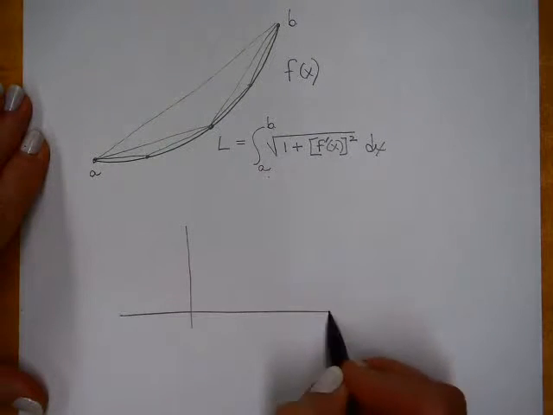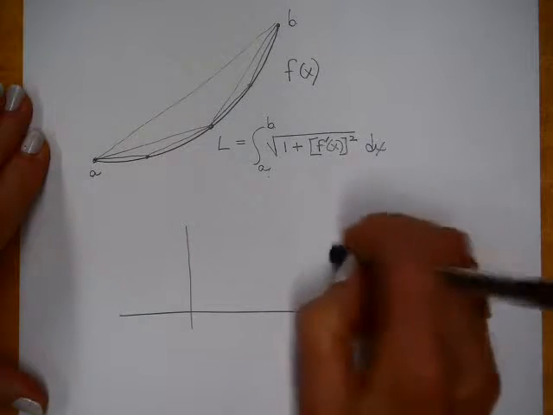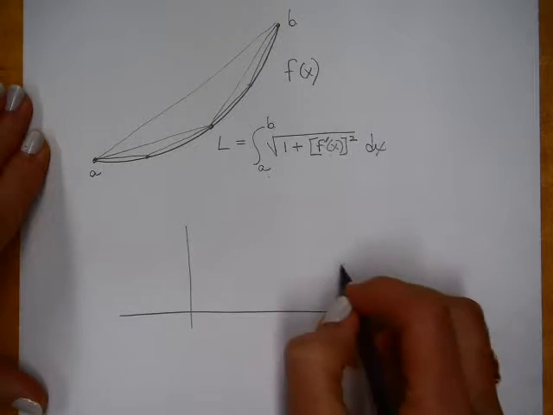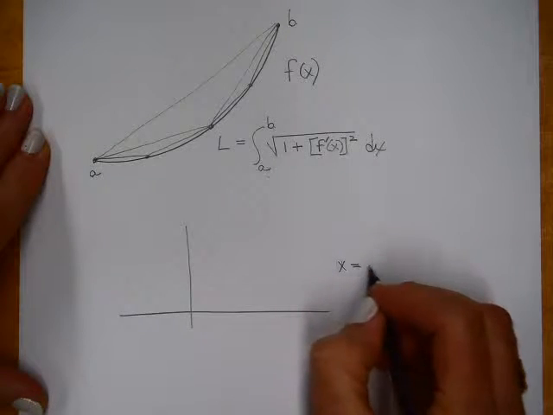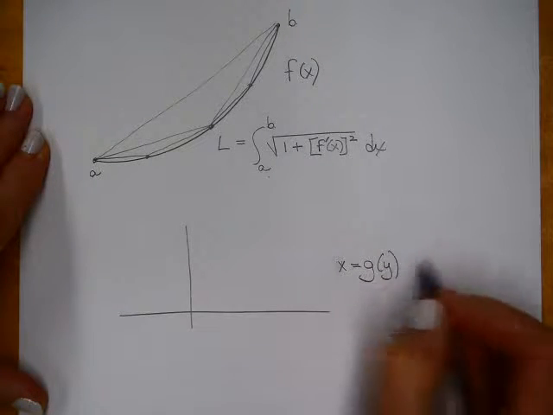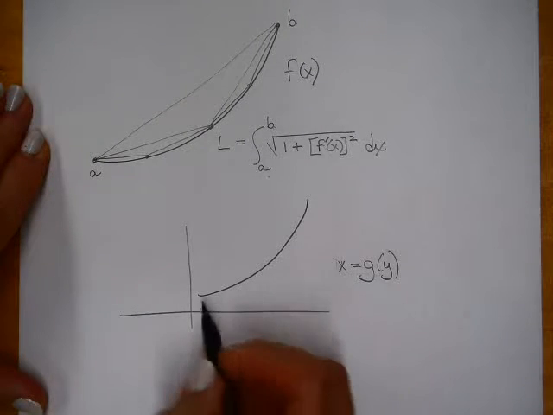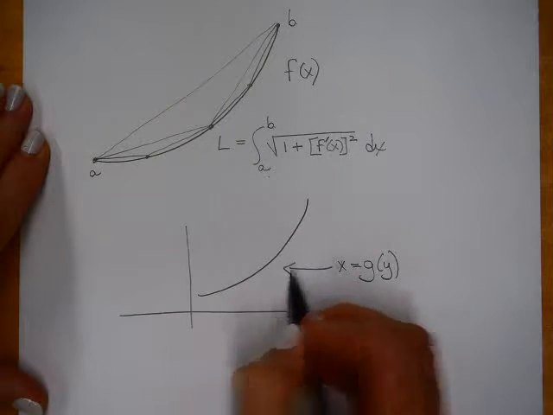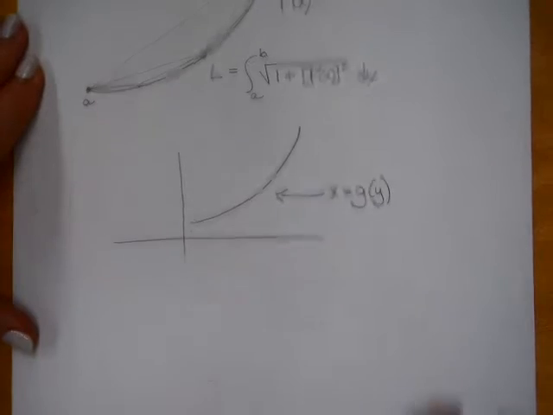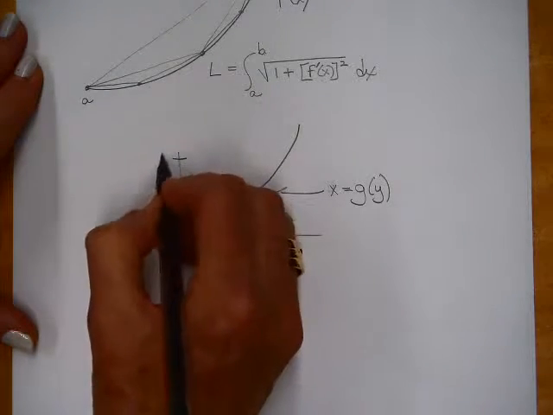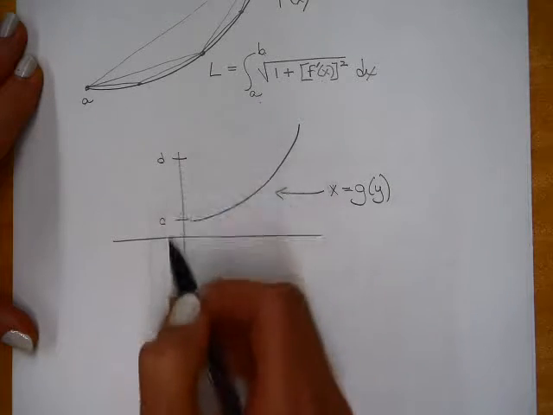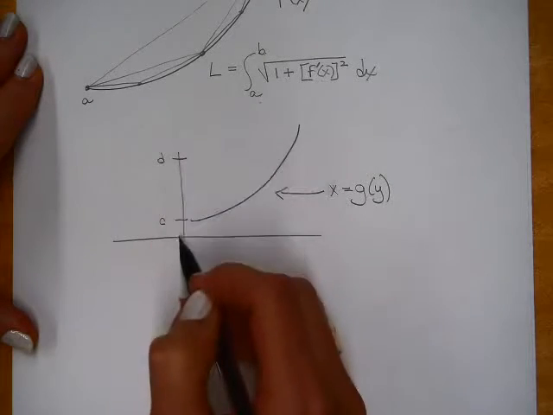If your function is instead defined, say x is equal to g of y, it could still look the same, but this is your function x in terms of y. Then the limits of integration would be with respect to your y-axis.